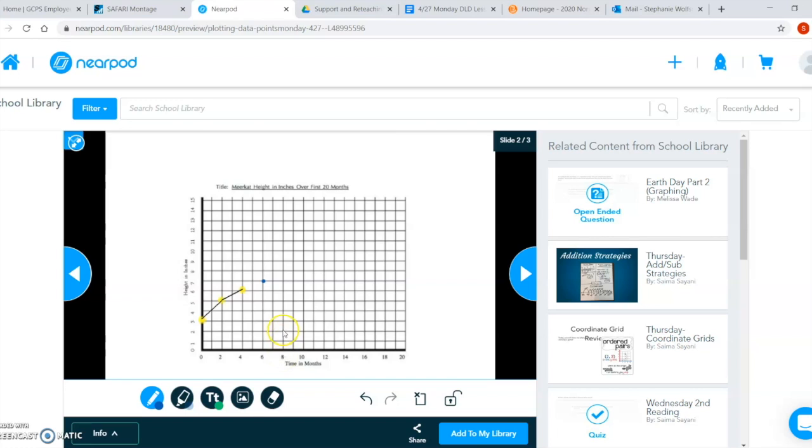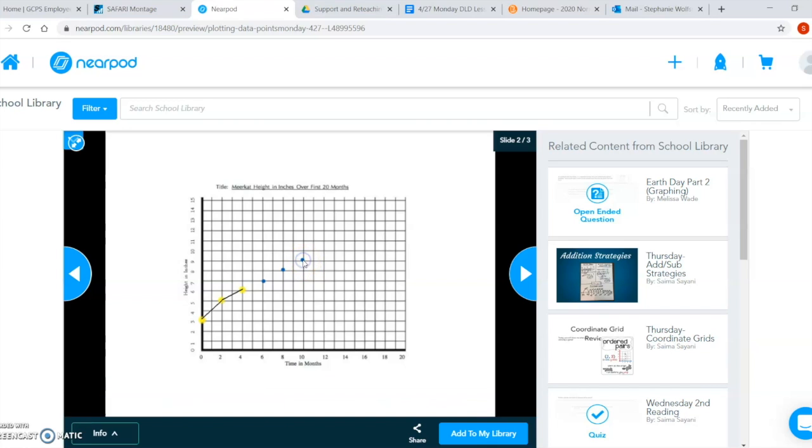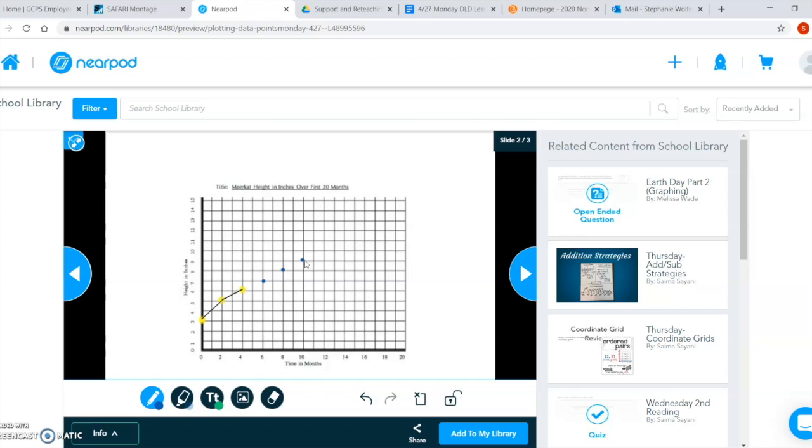So 8 is my x, and 8 is my y. Okay? And then my next point is at 10 months. The meerkat is 9 inches. So that ordered pair is 10, 9. My x is 10, and my y is 9.